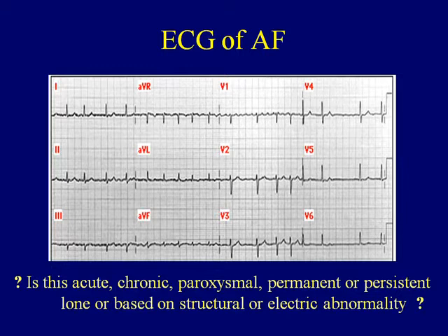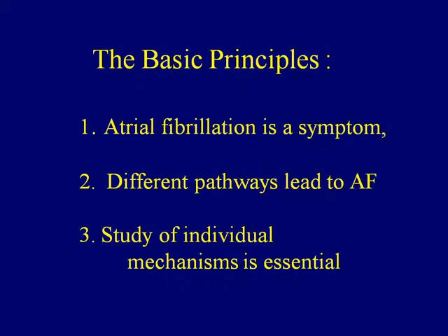The main question nowadays is: is this an acute, a chronic, a paroxysmal, a permanent or persistent atrial fibrillation, and why does it fibrillate on that day in this patient? Is this with a visible or with an invisible basic problem? I will come to this later. That is why I do not cite the names of low nor based at this time.